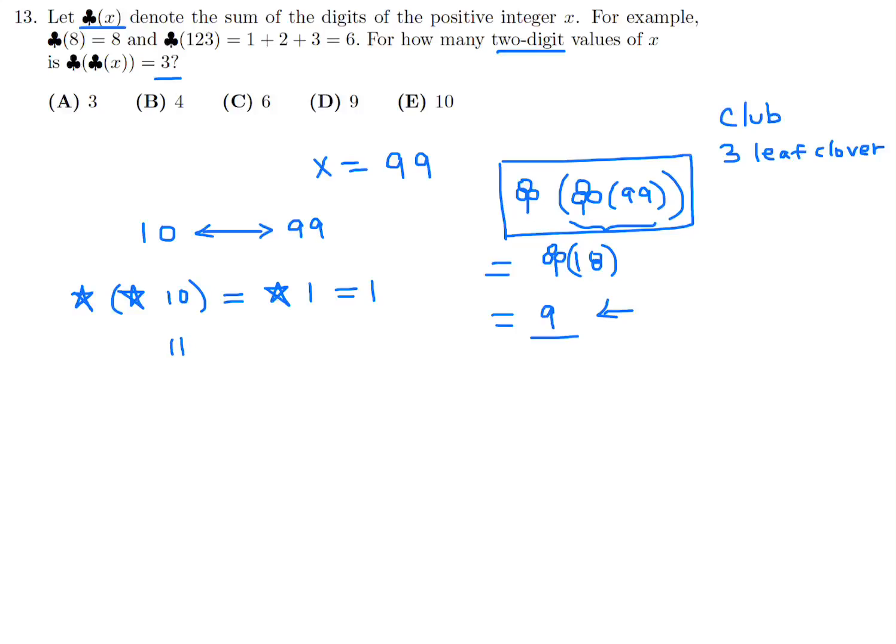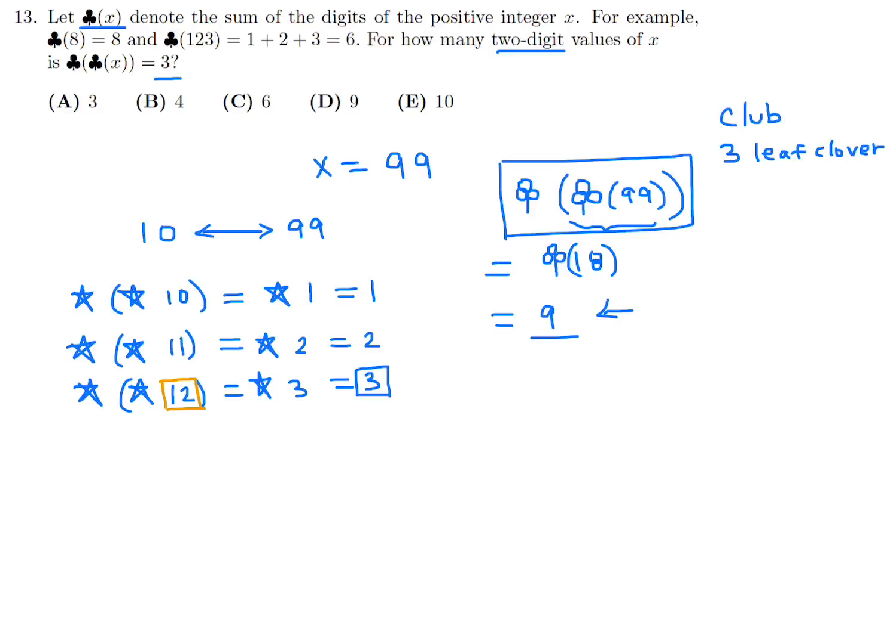Let's try 11. The sum of the digits of 11 is 1 plus 1, which is 2, and the sum of the digits of 2 is just 2. Let's try 12. The sum of the digits of 12 is 1 plus 2, which is 3, and the sum of the digits of 3 is 3. Okay, great, I finally got one. So 12 is one of them.